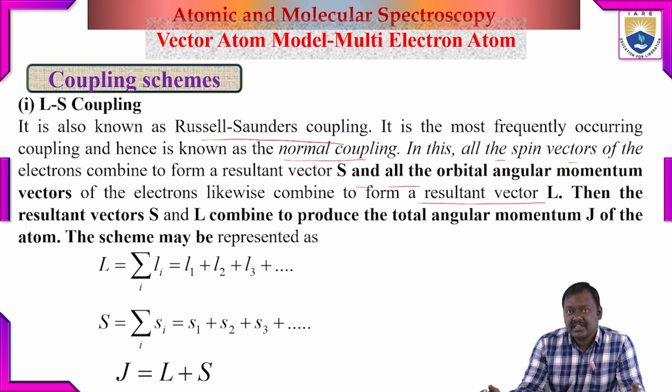So that means if there are more than one electron, we need to add up individual spin angular momentum quantum numbers to give the total spin angular momentum quantum number.